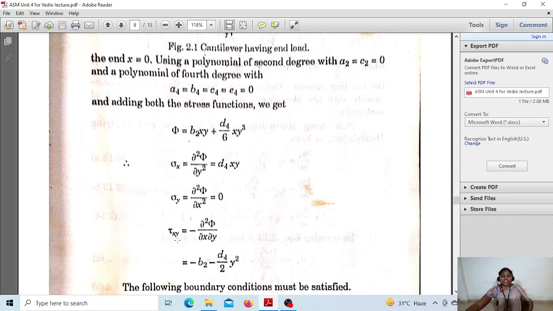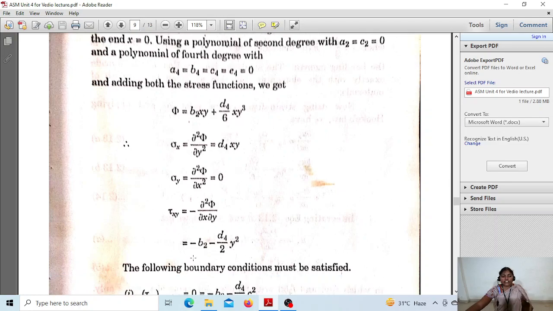Now let us take tau xy. Tau xy from Airy's function is equal to minus dou square phi by dou x dou y. If you differentiate phi once with respect to x and once with respect to y, you will end up with minus b2 minus d4 by 2 y square.